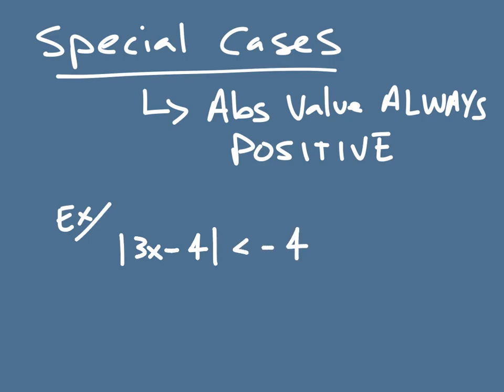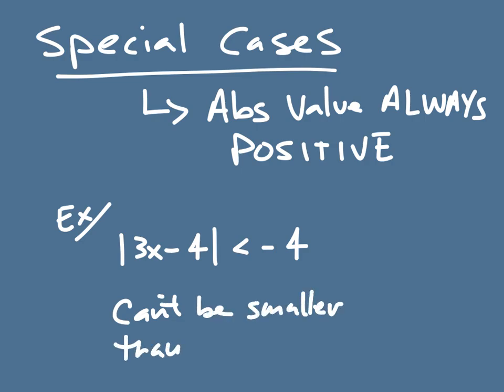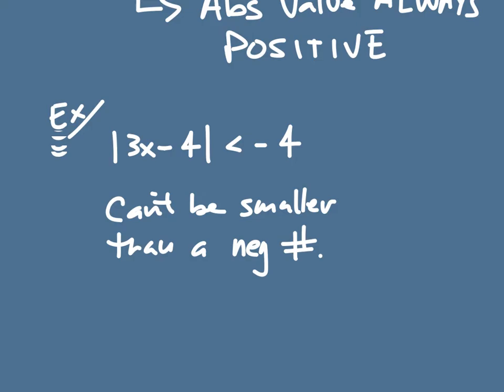What we have to understand is that this absolute value is always positive. It can't be smaller than a negative number. And so that's the key. Because of that, this would be no solution.